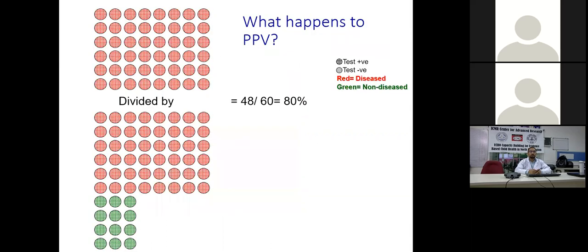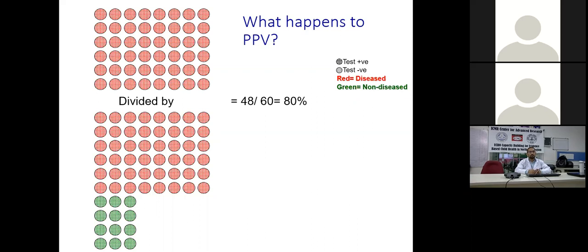So what happens to the positive predictive value? When the prevalence of the disease changes, the denominator and numerator actually change. Now the hatched circles are 60. These are the total number who are CRP positive.